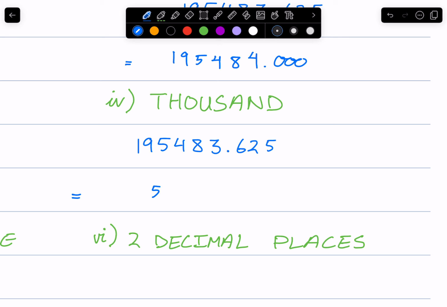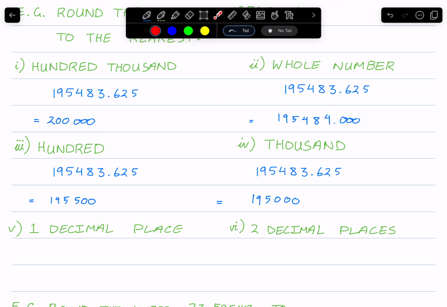It doesn't go up. So the 5 stays as a 5. And every number to its right becomes 0. And so these 3 digits before the 5 stay as 1 and 9. So this just becomes 195,000. Let's keep going.